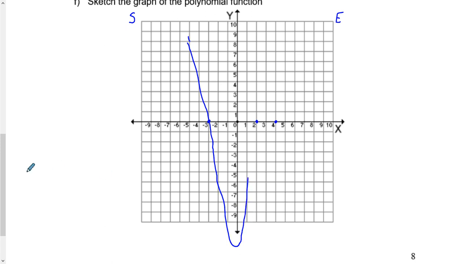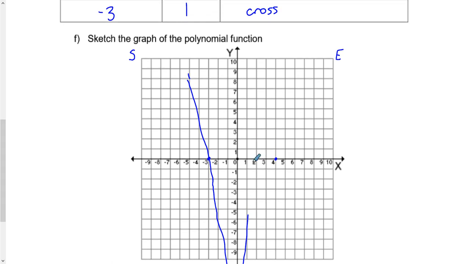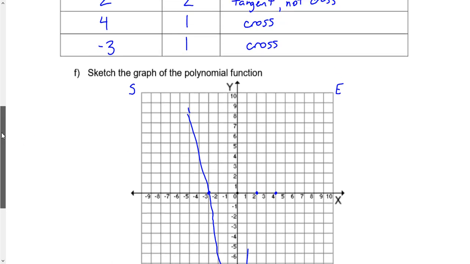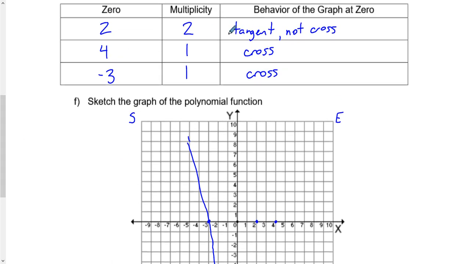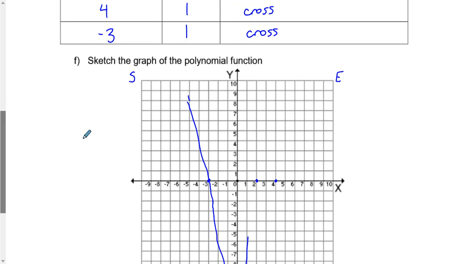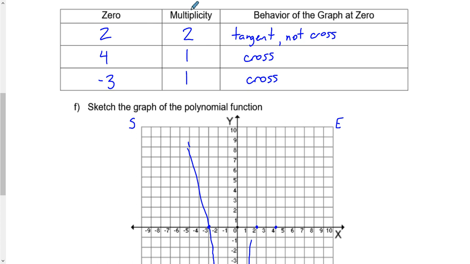Now I know I'm going to have to come up again because at this x-intercept of 2, it is going to go tangent, but it's not going to cross. What does that mean? If it's going to go tangent to and not cross, it's because it has a multiplicity of 2. A multiplicity of 2 kind of means degree 2. Not specifically, but to help have an understanding of it, it does work.